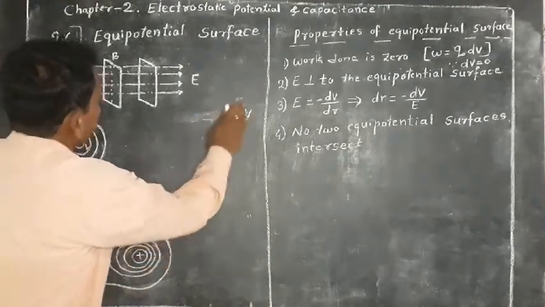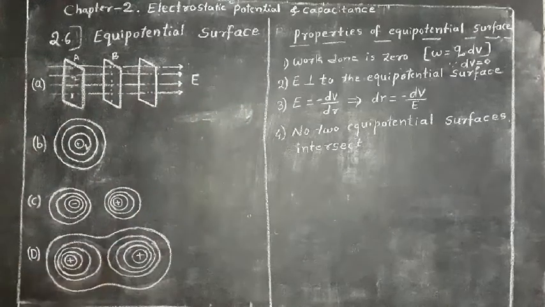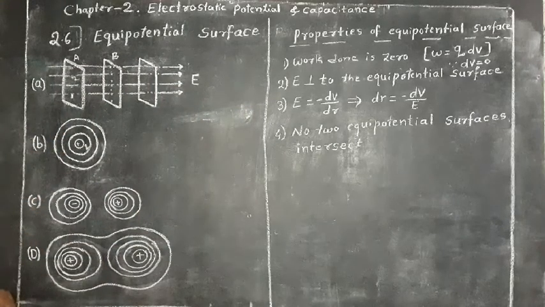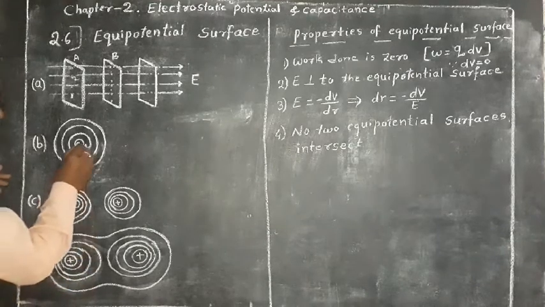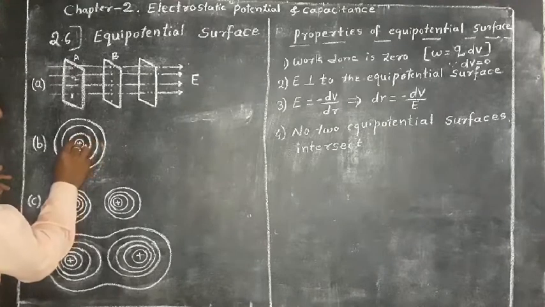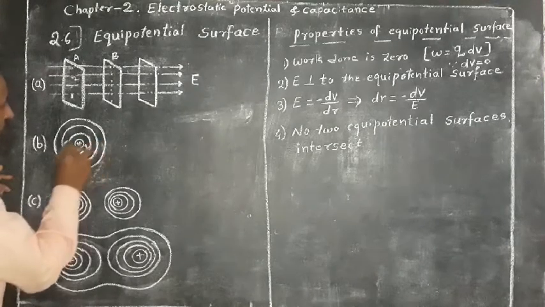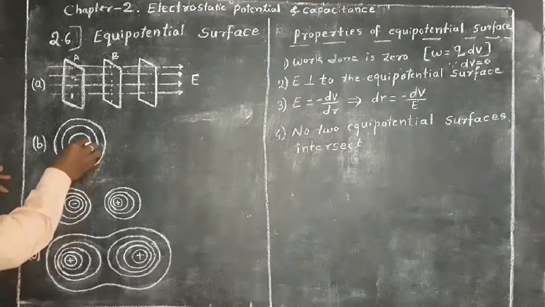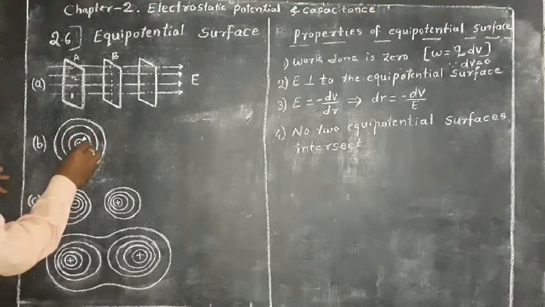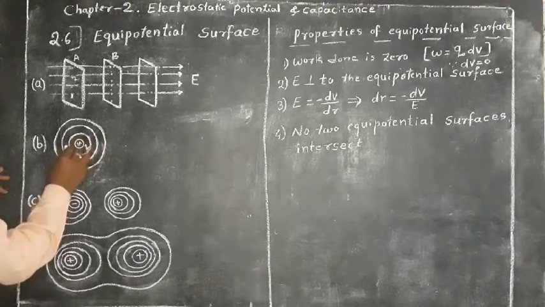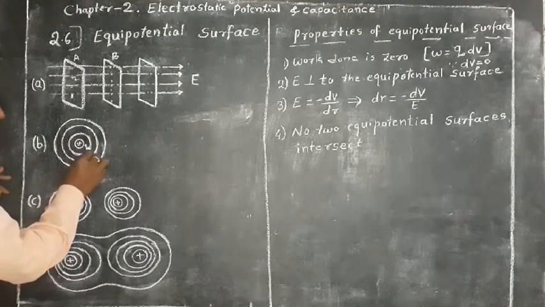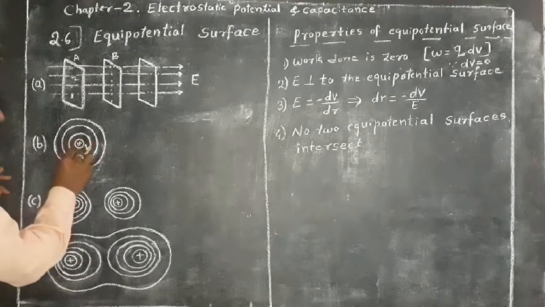And the equipotential surface for a positive charge is a concentric spherical shell. If we draw a circle with the positive charge as the center, we get a spherical shell. Then the potential at any point on this surface remains the same.